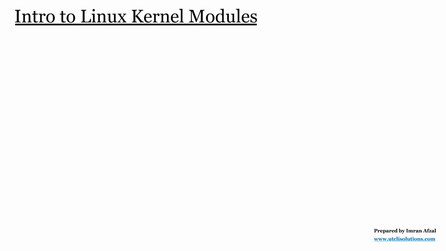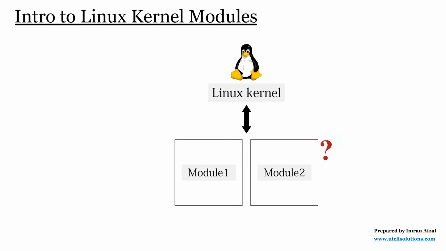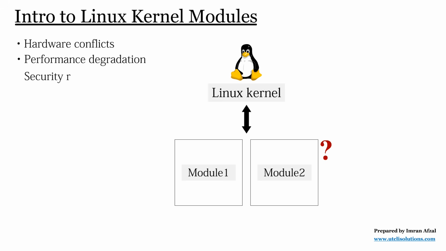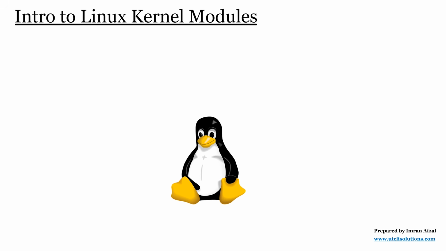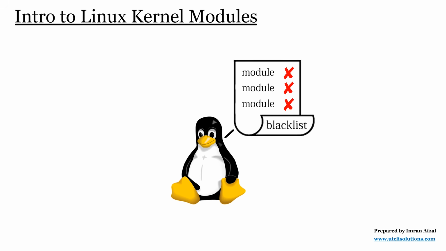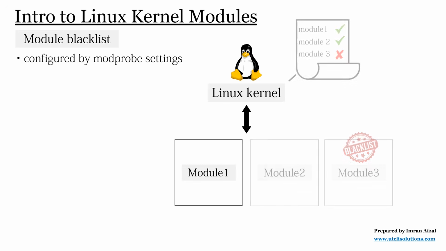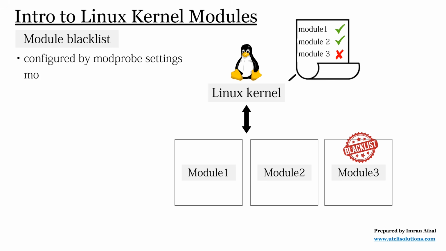In some situations, loading a particular module is not desirable. A module may cause hardware conflicts, performance degradation, or security risks. To handle such cases, Linux provides a control mechanism called blacklisting. Blacklisting is configured through modprobe settings. When a module is blacklisted, modprobe is instructed not to load that module automatically, even if the system detects related hardware.